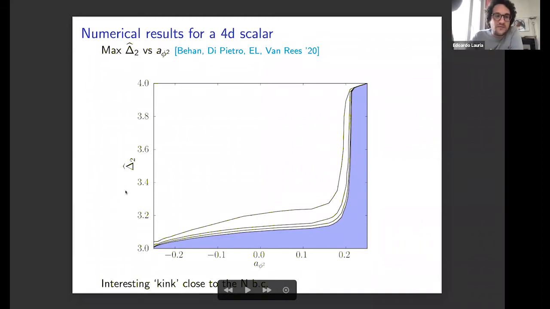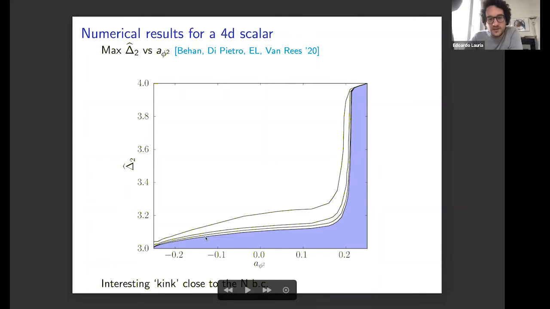For each value of a phi squared, what is the maximal allowed value for delta 2 before I cannot solve the crossing equations, before I violate my constraints? This is a procedure that you can run algorithmically, numerically.